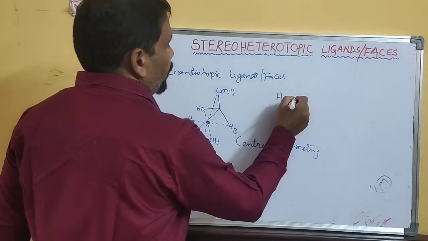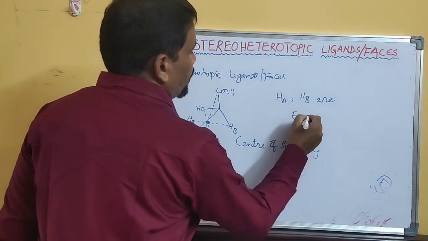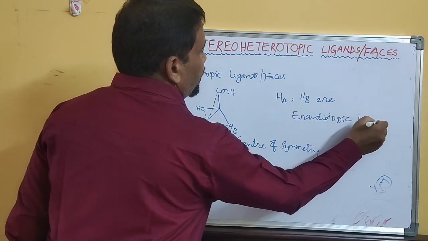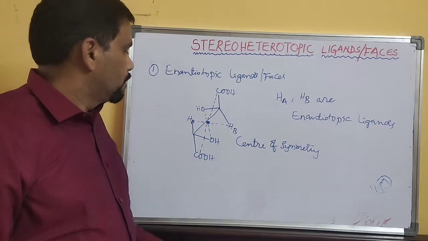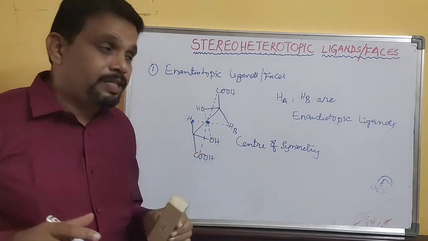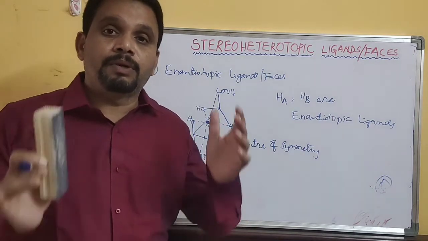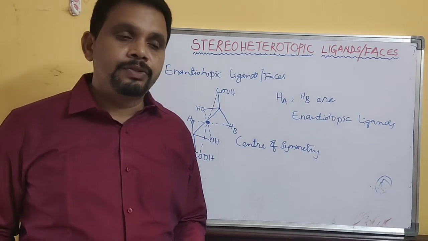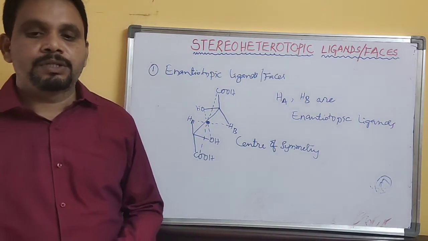So HA and HB are enantiotopic ligands because of the center of symmetry present in this molecule. With the center of symmetry, these two hydrogens are exchangeable or interconvertible, and will produce enantiomers when substitution or addition takes place. Therefore, HA and HB are enantiotopic ligands.